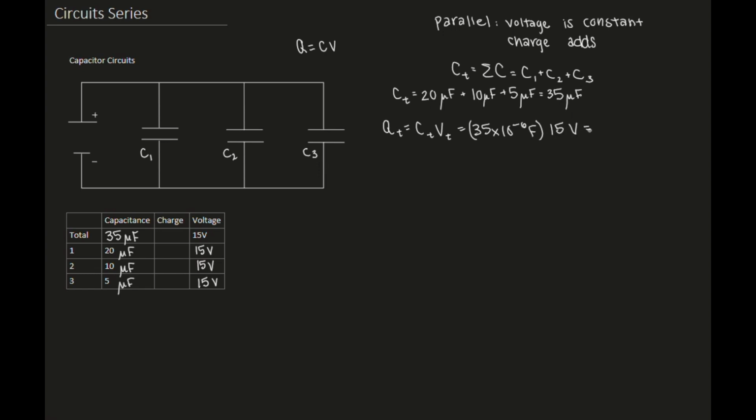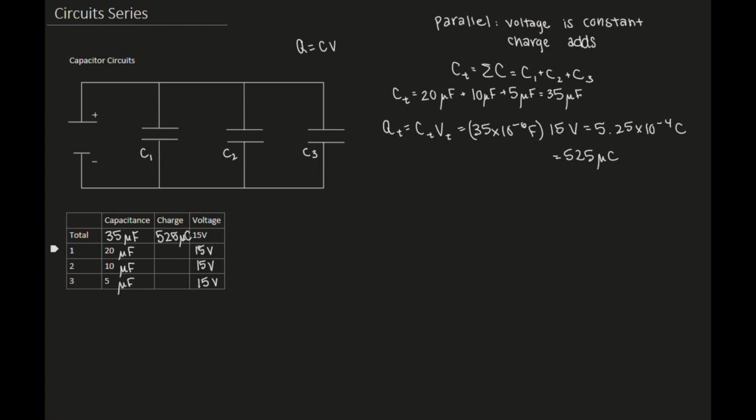I get 5.25 times 10 to the -4 coulombs, or we could write it as 525 microcoulombs.